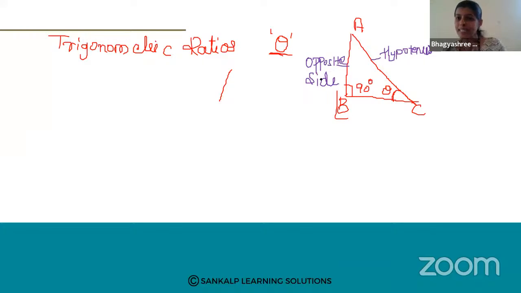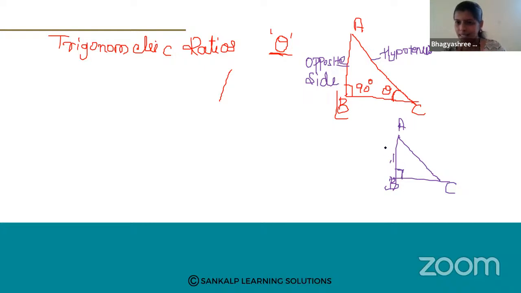Next, adjacent side. Adjacent side means what? See, where our angle 90 degree and our angle theta lie, that line we call by a name. This is our right angle triangle ABC.